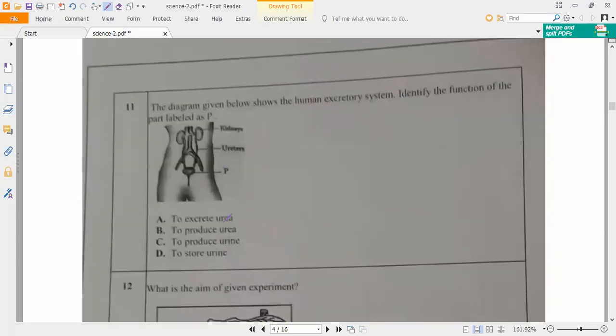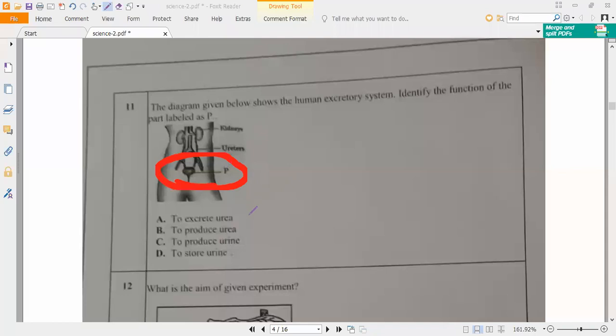Next, the diagram given below shows the human excretory system. Identify the function of the part labeled B. To store urine, sir. I think this question came in our revision test 2, is it? Yes, sir. That is what I am saying, the same question came in our revision test 2. Is my guess true?